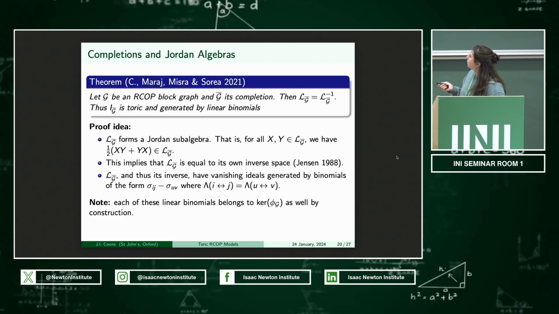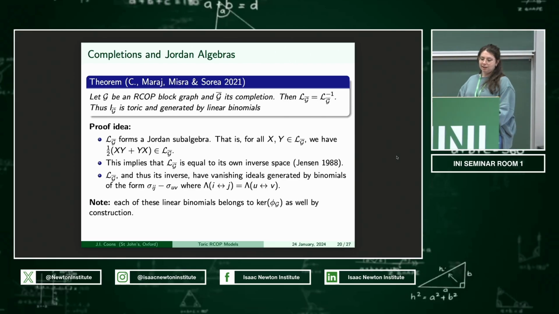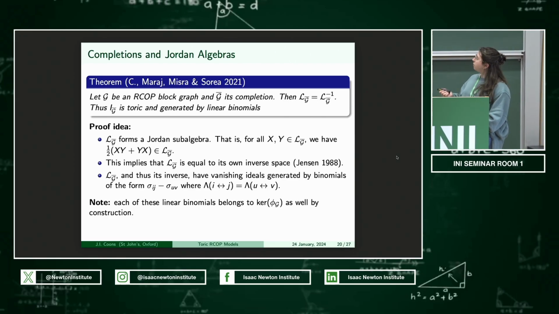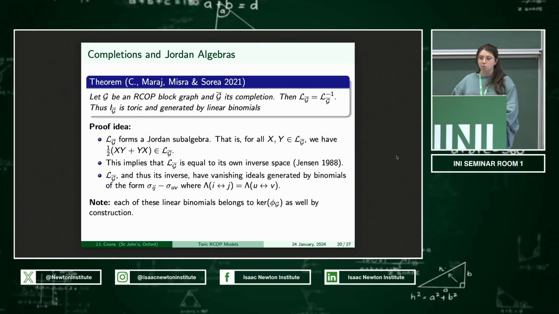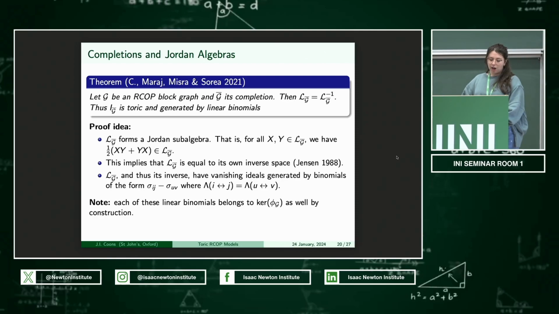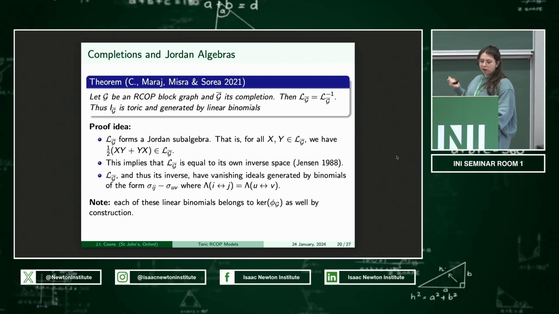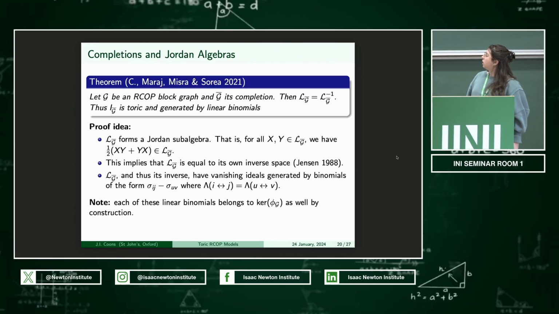Okay, so what we showed is that if I've got an RCOP block graph and its completion, or indeed any RCOP graph and its completion, then the inverse linear space is actually exactly equal to the linear space that you started with, which is very unusual. And so hence it's toric and generated by linear binomials. For this we needed to use the theory of Jordan algebras.